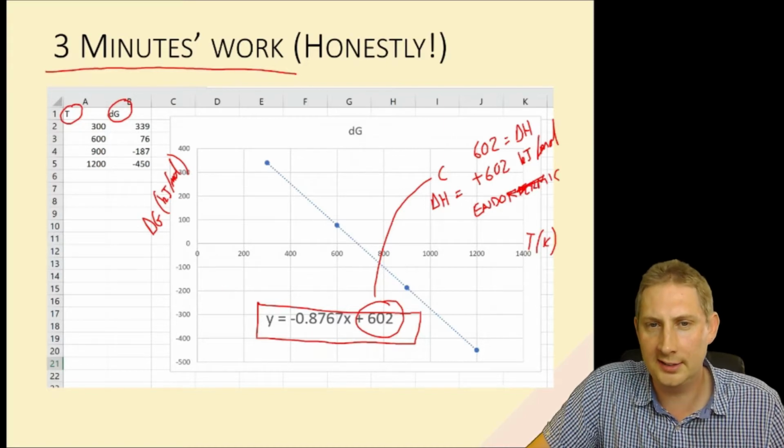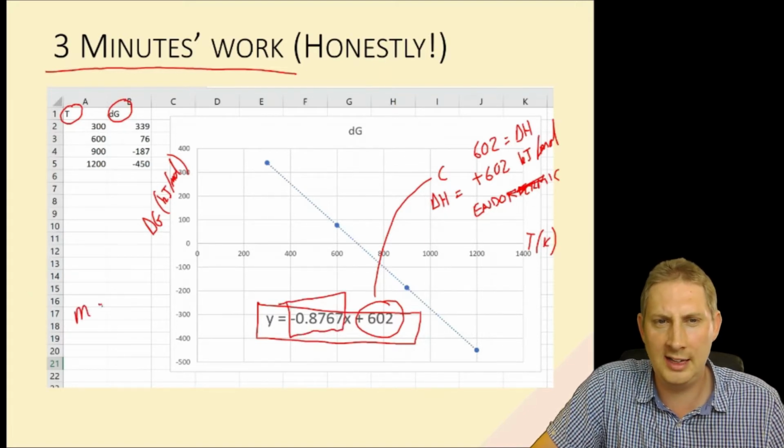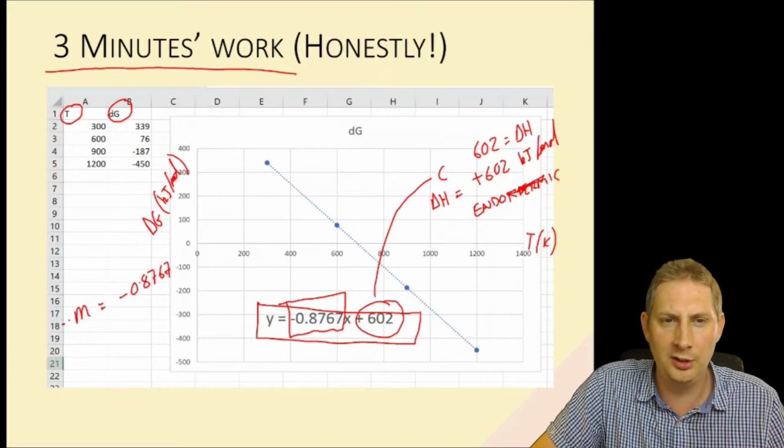What about this? Well, this is M. So M, our gradient, equals minus 0.8767, and that equals minus delta S.